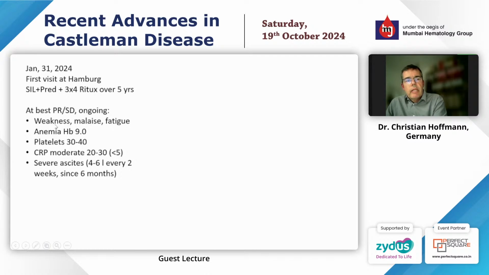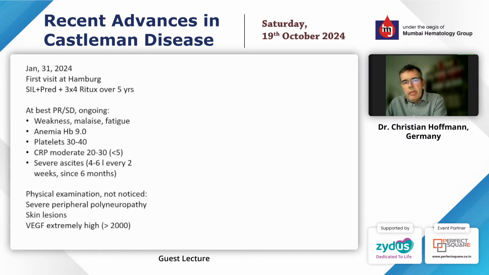Redness, anemia, low platelets, CRP around 20 to 30. And the most important thing was that she had severe ascites requiring punctures every 2 weeks. The first thing I do with my Castleman patients is a physical examination.